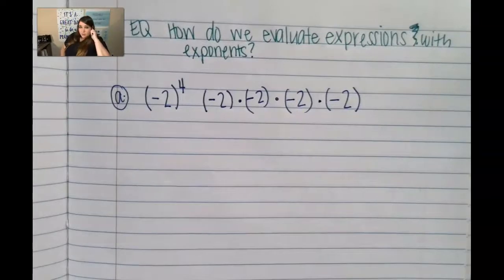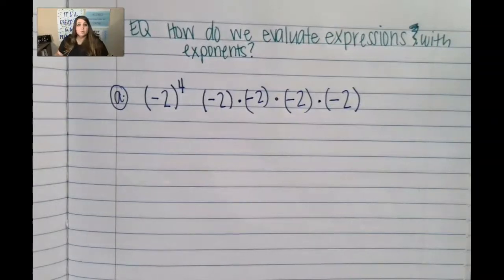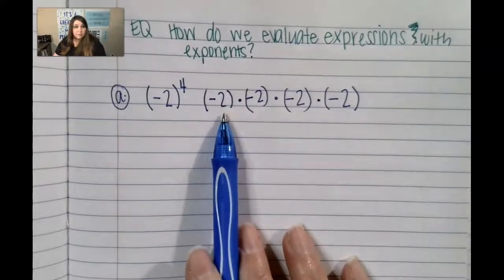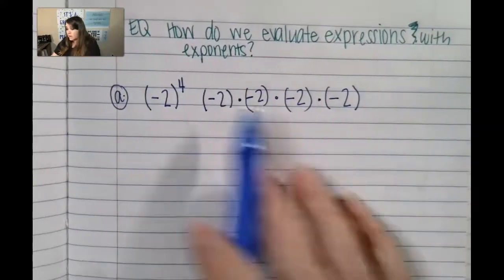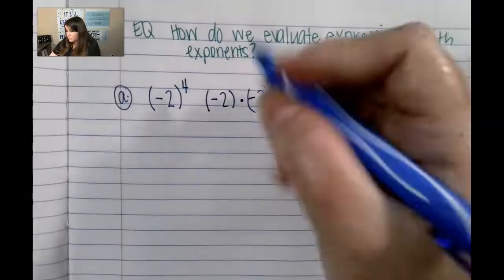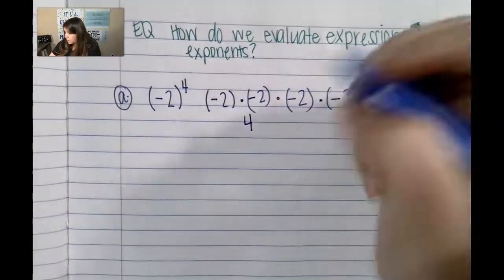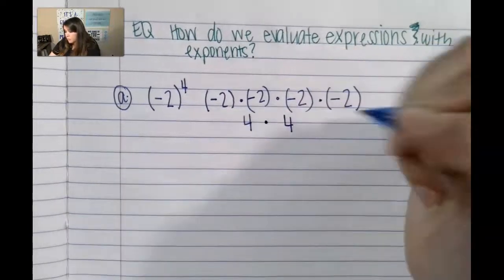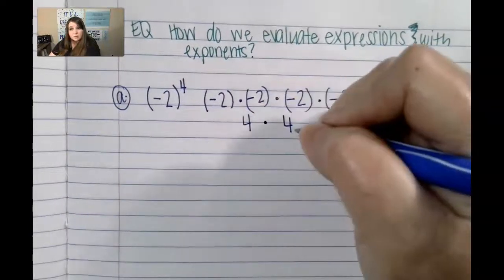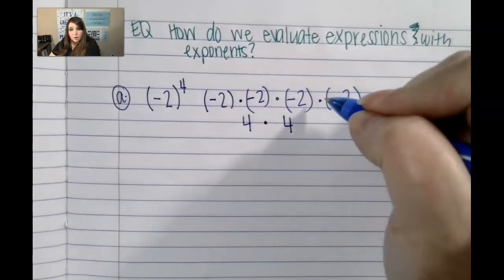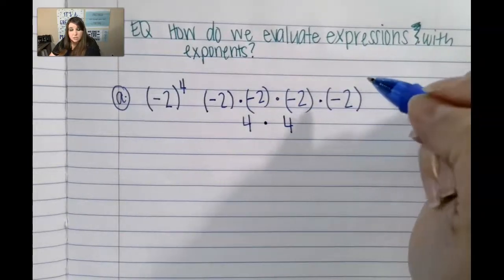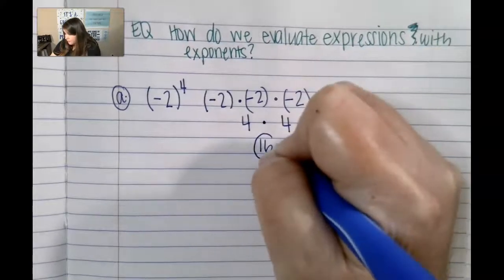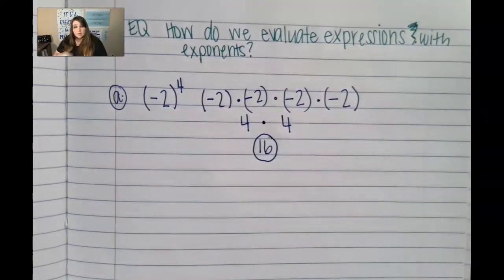So now here's why the parentheses are really important in this one, because I'm going to start multiplying this out. So -2 times -2 is 4, and -2 times -2 is a +4. So now I have two positives. All these negative signs have actually disappeared, and with a total and final answer of 16.